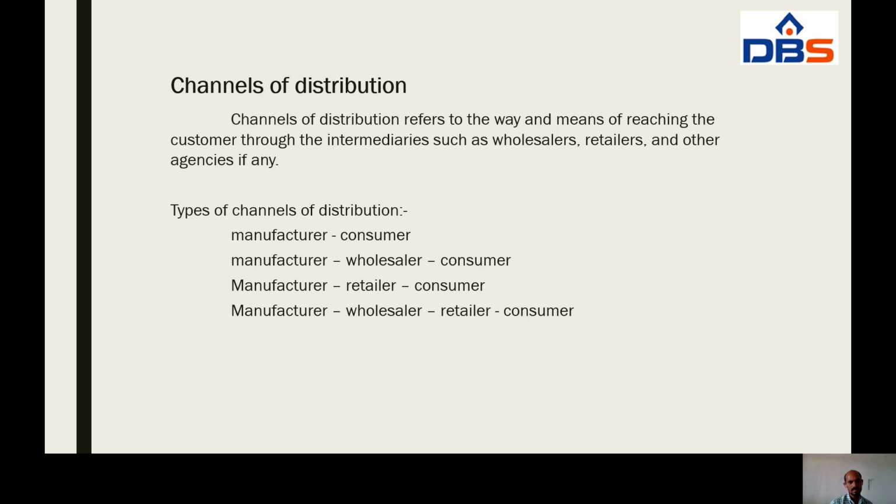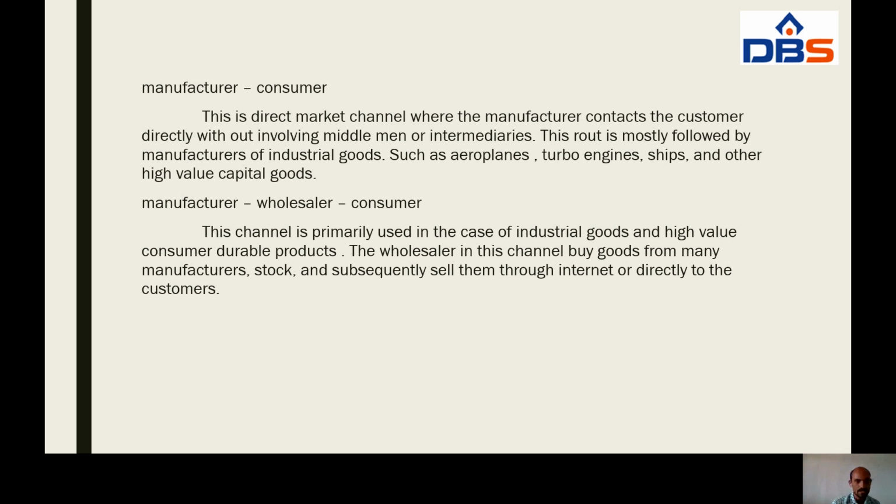And the next, manufacturer, retailer, consumer. And the next, manufacturer, wholesaler, retailer, consumer. These are all the four ways of reaching the consumer. Coming to the first channel, manufacturer to consumer, this is the direct market channel.